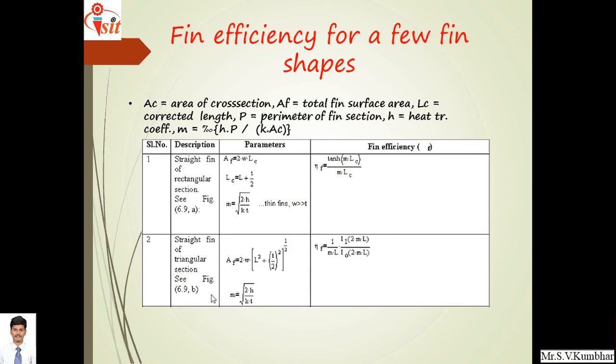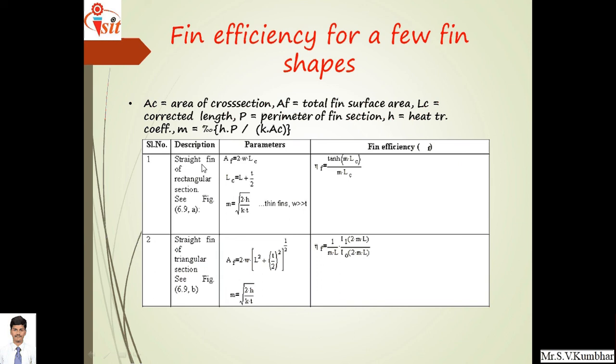These are the efficiencies for a few fin shapes, where Ac is area of cross section, Af is the total fin surface area, Lc is the corrected length, P is the perimeter of fin section, h is the heat transfer coefficient, and m is square root of hP upon kAc.